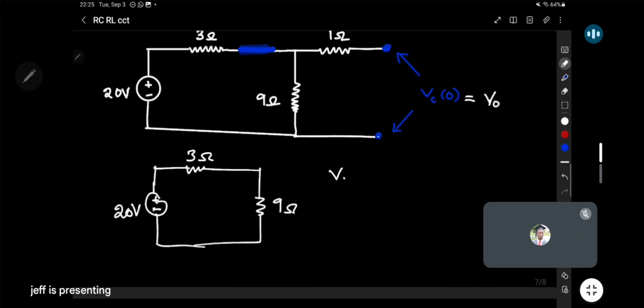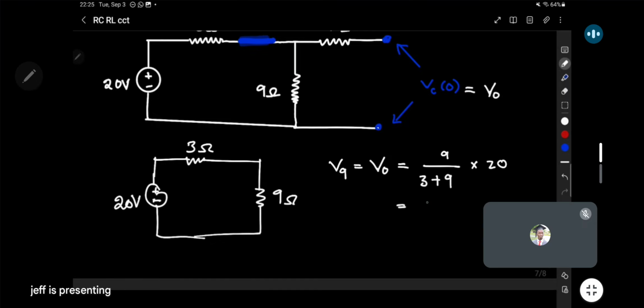The voltage across the 9 ohm resistor, which will be the same as our V0, will be equal to the same 9 ohm resistor by voltage division divided by the sum of the two resistors in series, the 3 and the 9, multiplying the voltage they are sharing. So now this is going to be 9 over 12 by 20. And if we do the math, this will give us 15. So this is our V0, the voltage the capacitor had when it was fully charged.